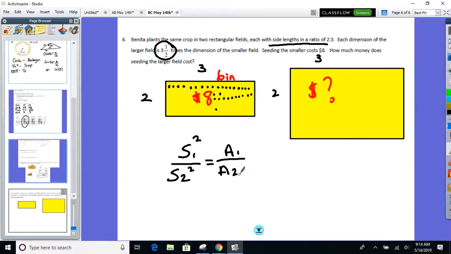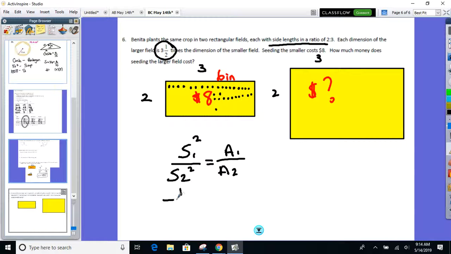It's going to be 3.5. This side is 3.5 times bigger than this side, correct? So it's not going to be 3 to 3 or 2 to 2. They're not in the same ratio. It's not going to be 2 inches, 2 inches, 6 inches, 6 inches. Everyone agree?